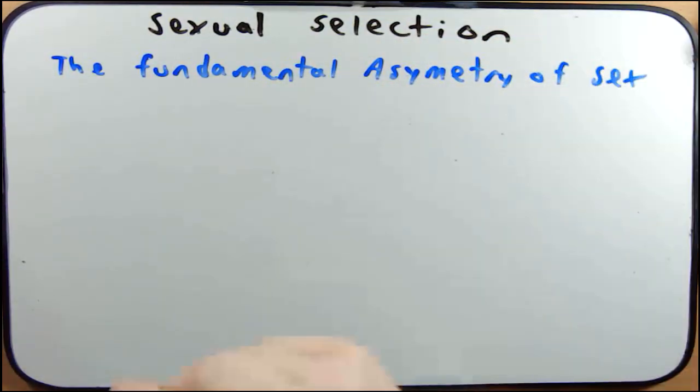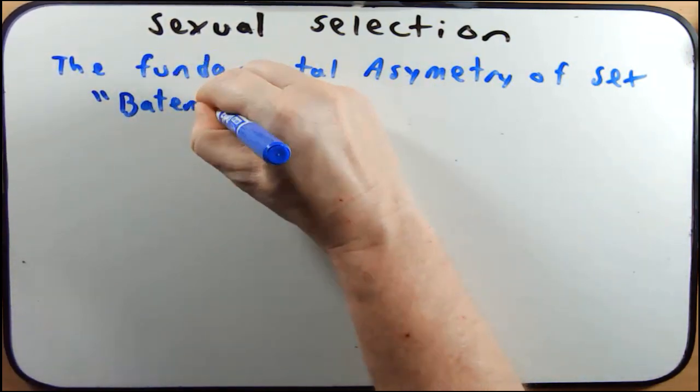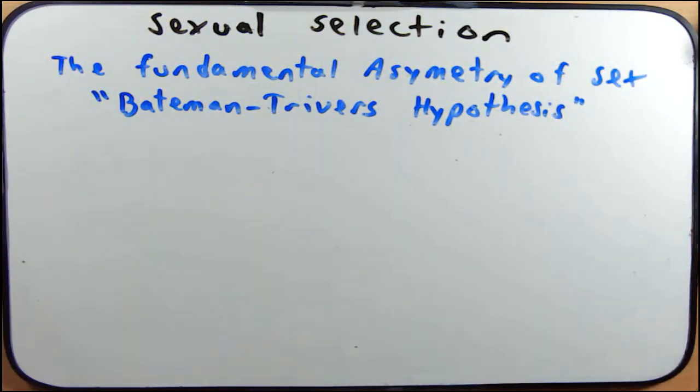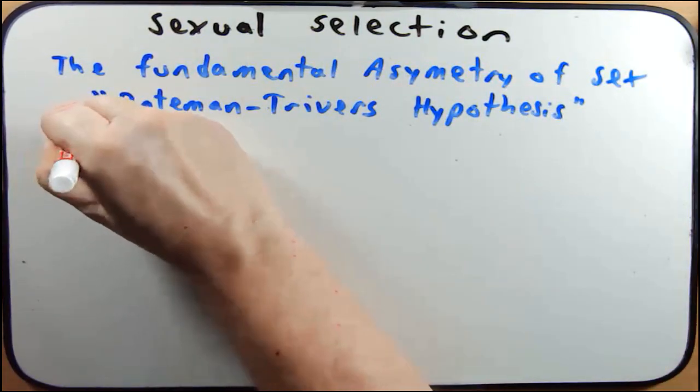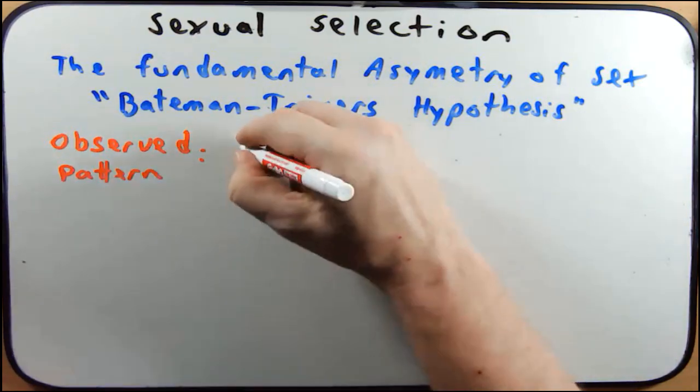It is also referred to as the Bateman-Trivers hypothesis. And this is based upon the observed pattern that we just talked about. And that is that traits that attract the opposite sex are more elaborate in males.